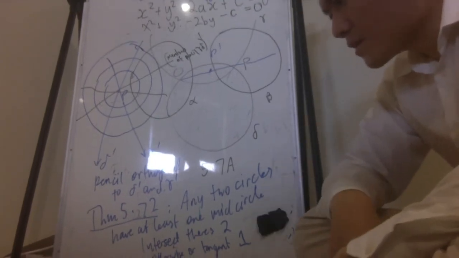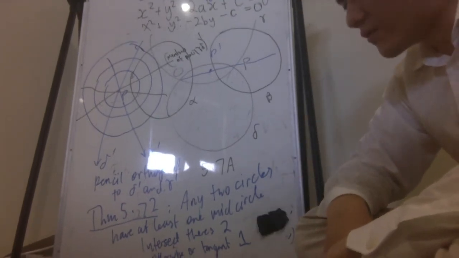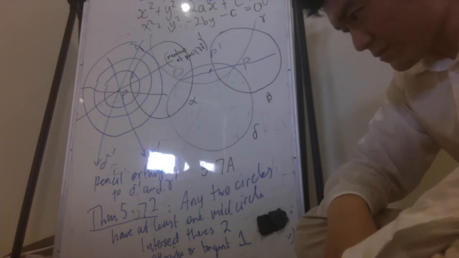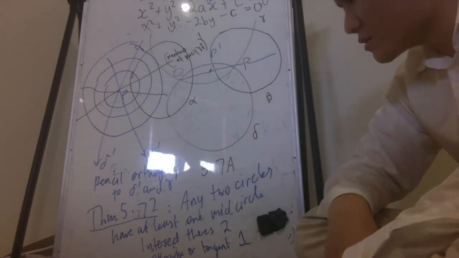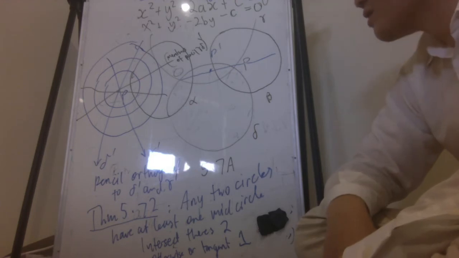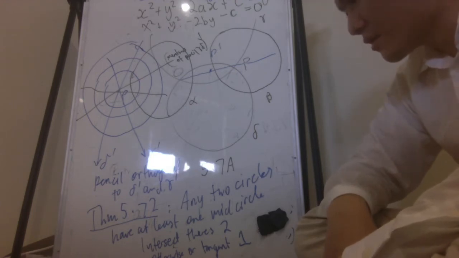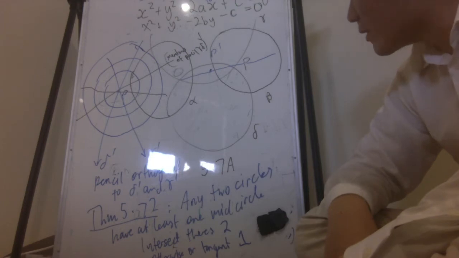Alright, so after 5.71, for this purpose, the circle of inversion may be any circle whose center is either of the limiting points O and P of the non-intersecting pencil alpha beta.